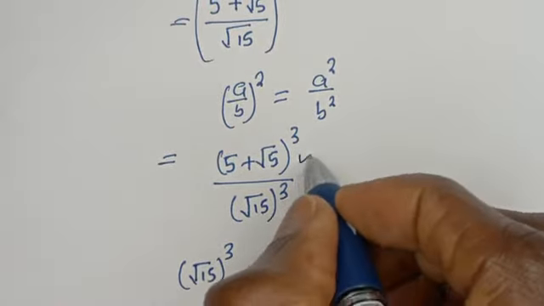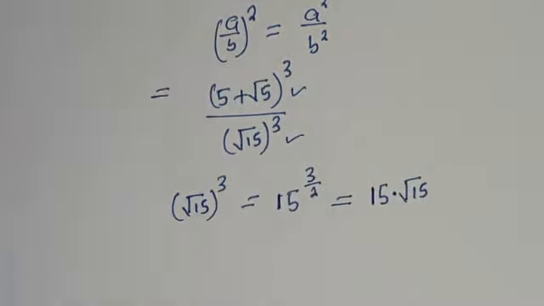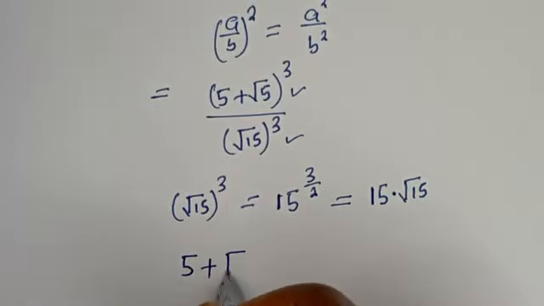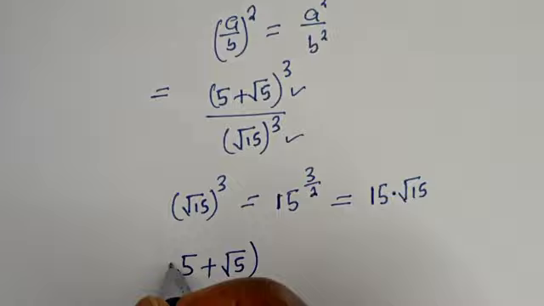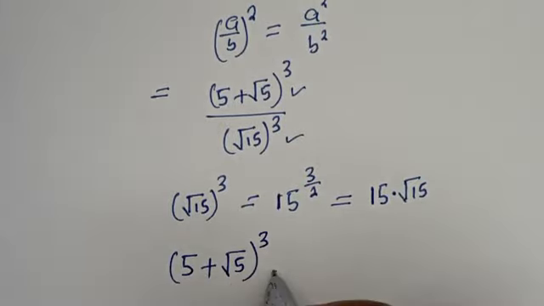Also, for the numerator, we have 5 plus square root of 5 to the power of 3, which can be expressed by binomial expansion.